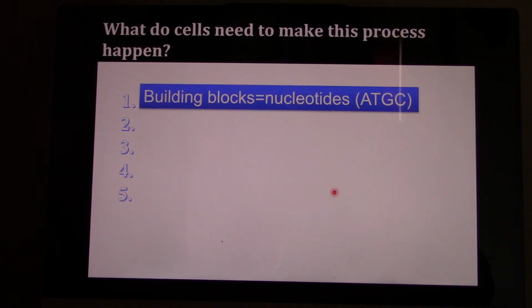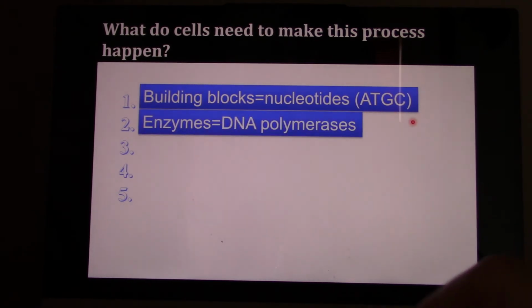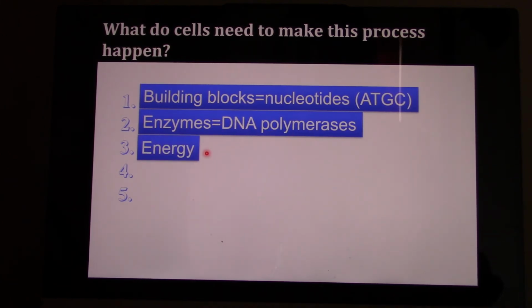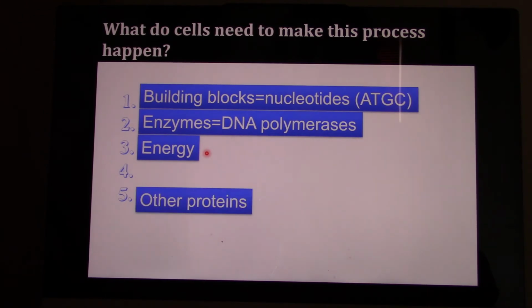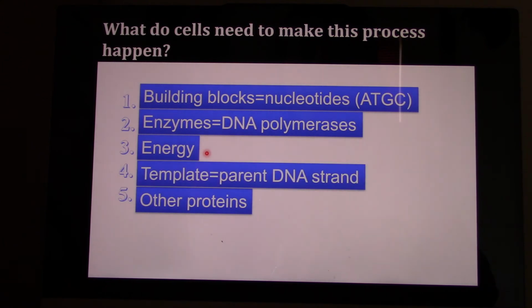We need building blocks, nucleotides, A's, T's, C's, and G's. We need enzymes like DNA polymerases. We need energy. This is going to be a delta G that is greater than 0. It's going to require energy. It's going to be endergonic or endothermic. We need other proteins that we're going to talk about, and we're going to need template.